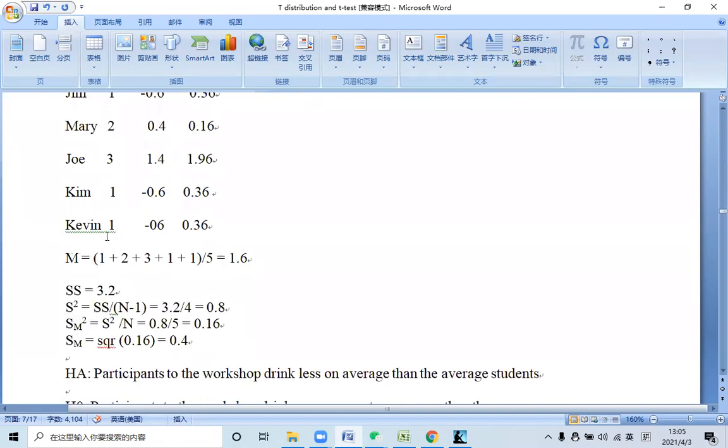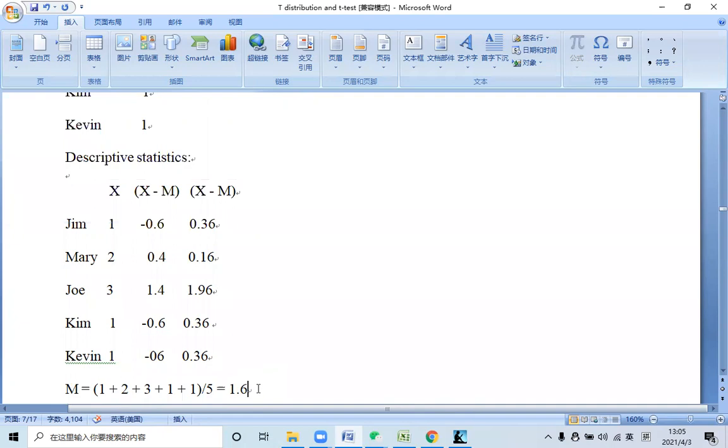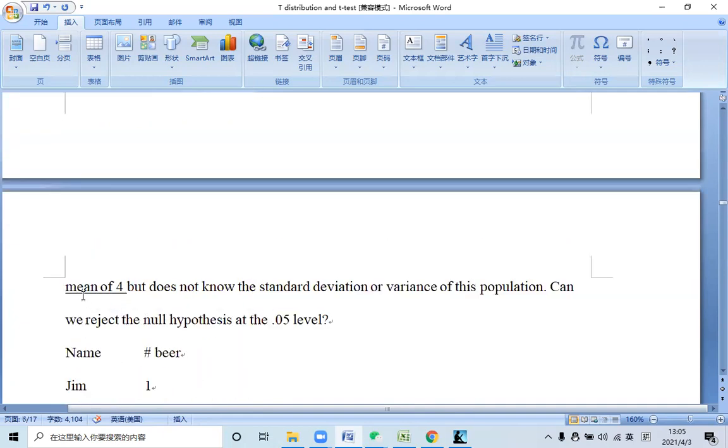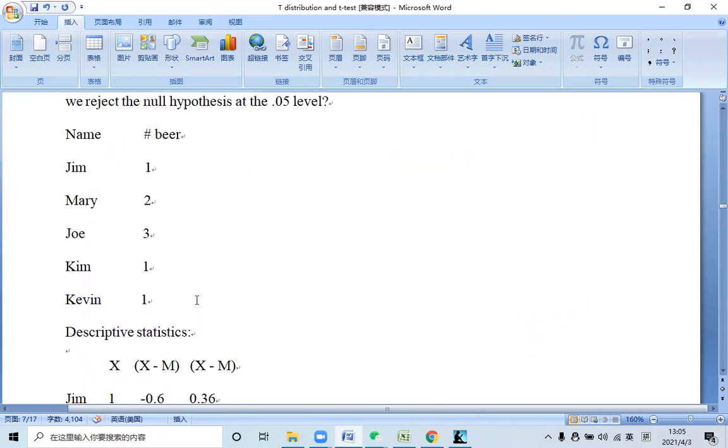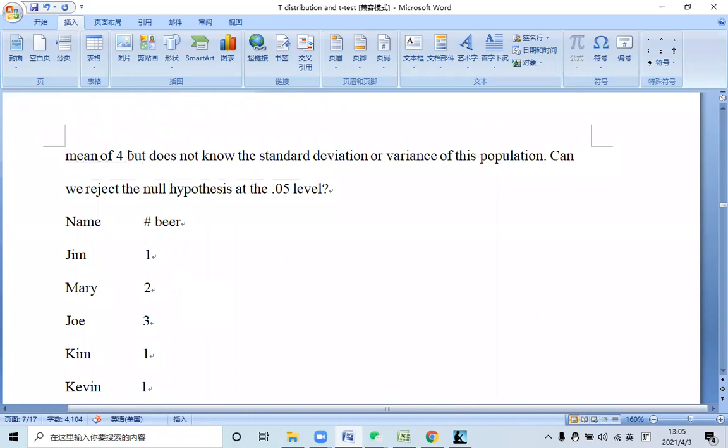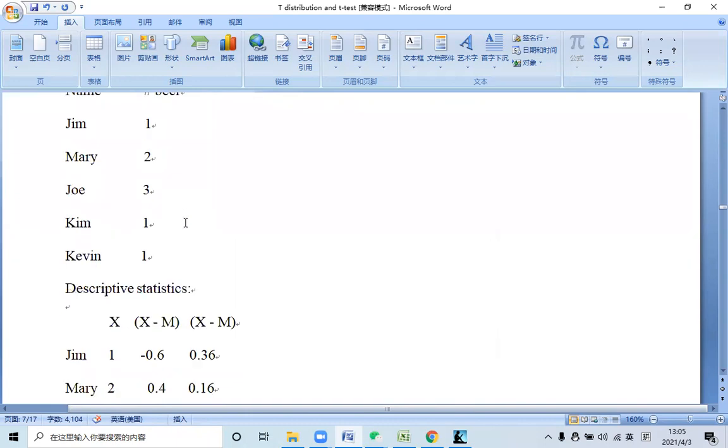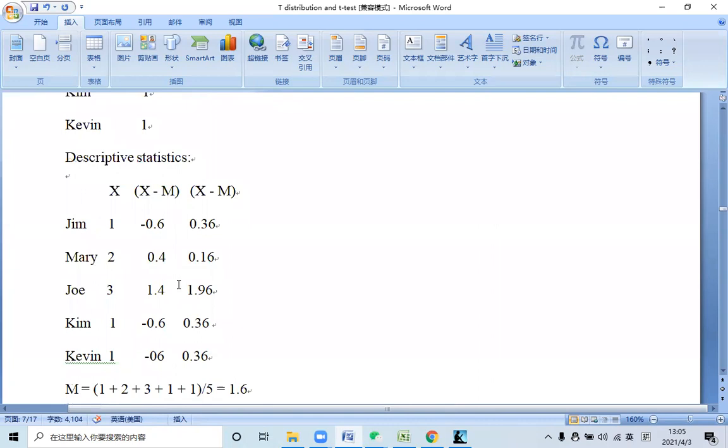And you follow the regular routine. The mean is 1.6. That's way lower than the mean of 4. On average, people drink 4 beers at the university. But the average of these 5 people is only 1.6.